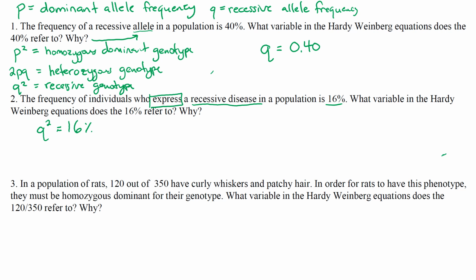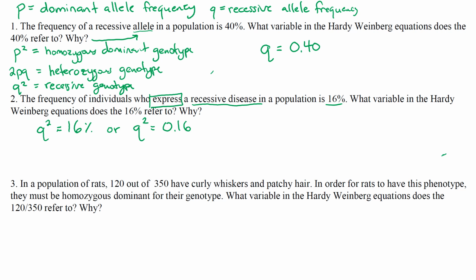So q squared is 0.16 to make it workable. And can we discover the recessive allele frequency? Absolutely. All I have to do is square root that number, and I should get that answer for the recessive allele, or my q variable.